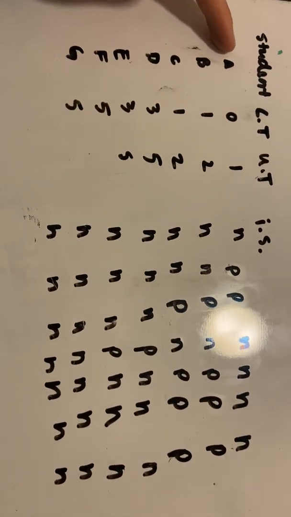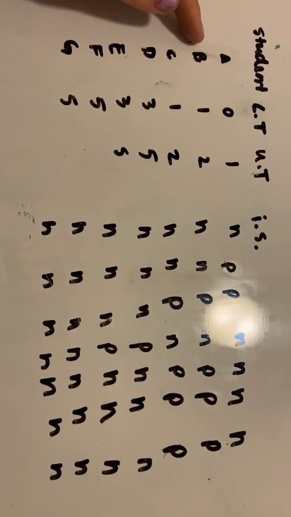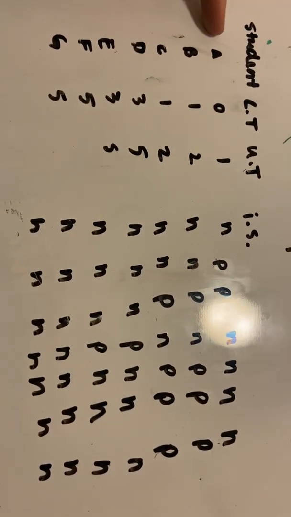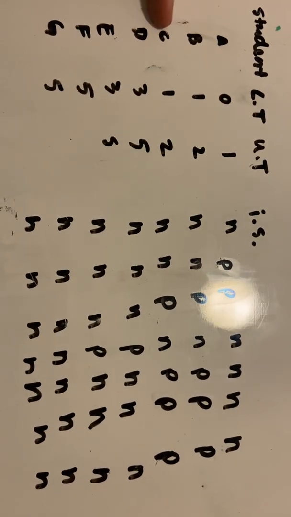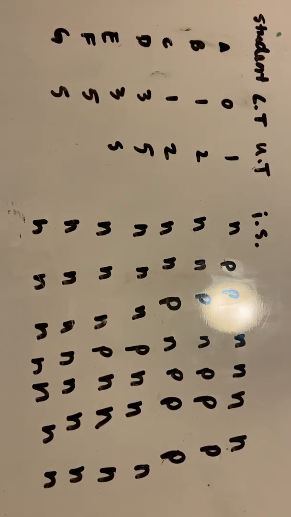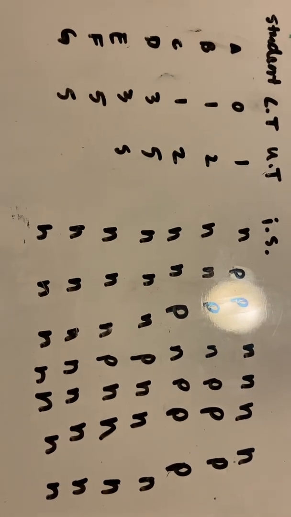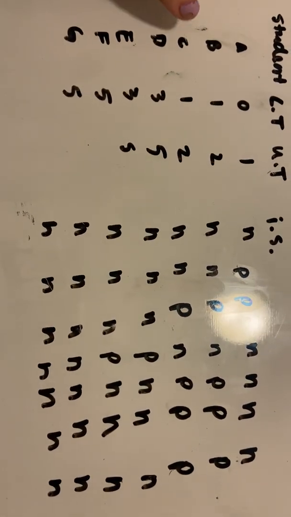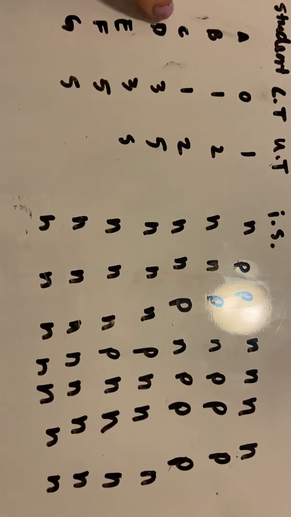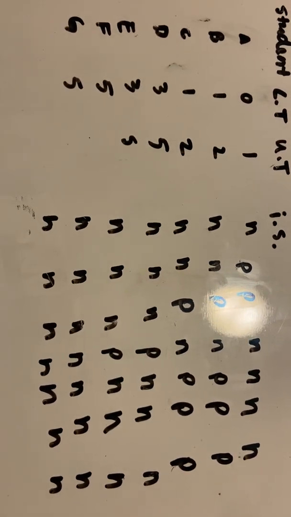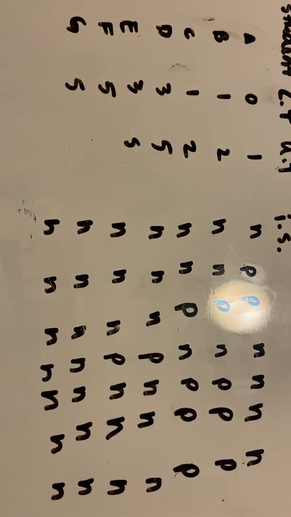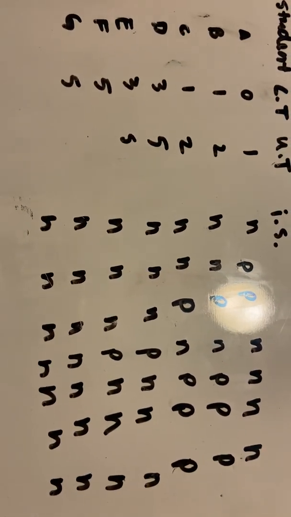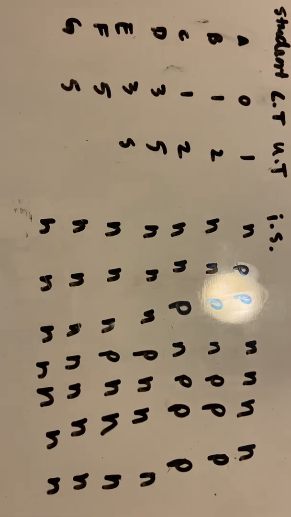So student A will stop going if one or more person starts going to the review session. Students B and C will stop going if 2 or more people begin going to the review session. D and E will stop going if more than 5 people show up to the review session. And then F and G do not have an upper threshold.